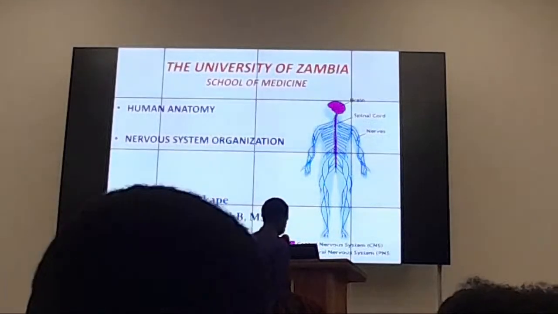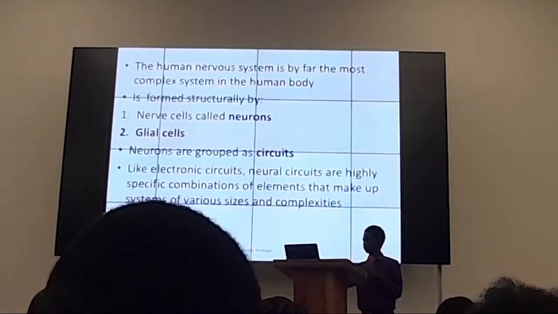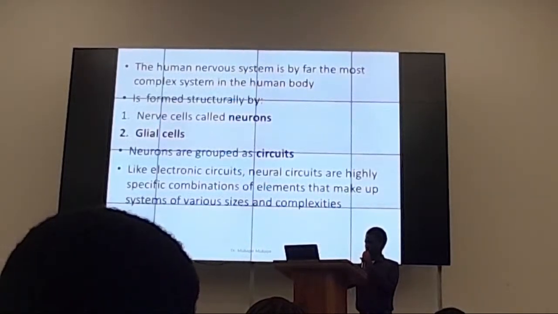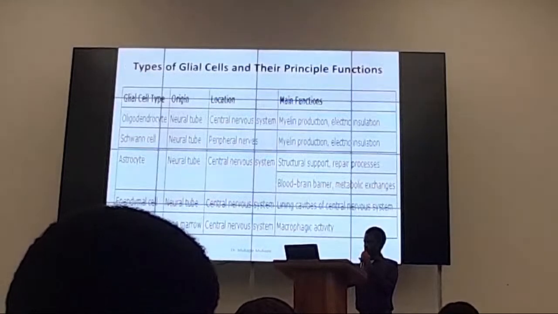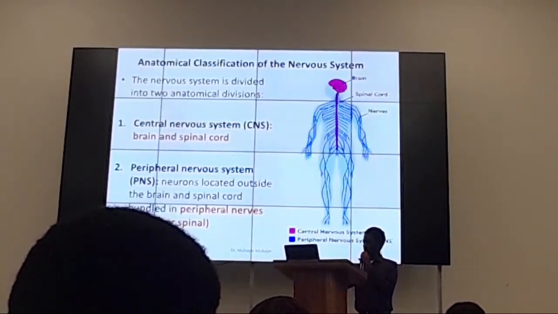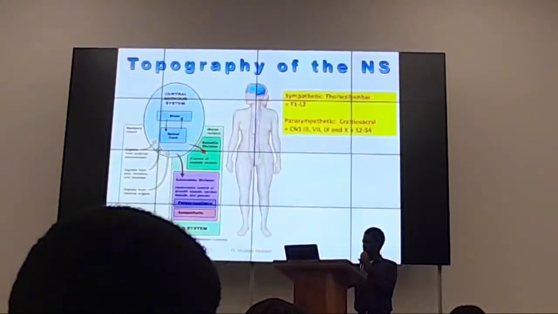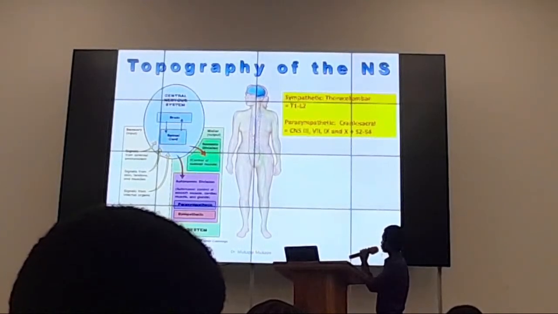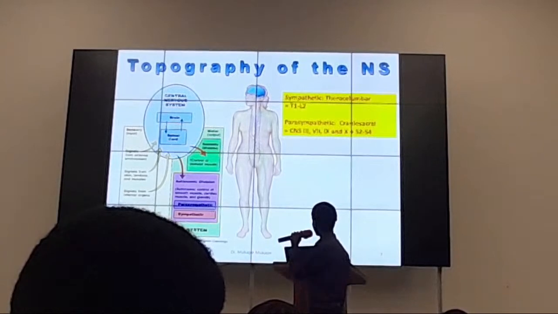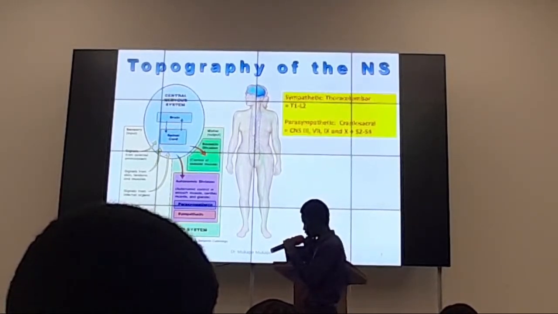For now, let me try to show the pictures. This we did under nerve tissue. This table is familiar to you. So you can see another picture to show the topography of the nervous system.